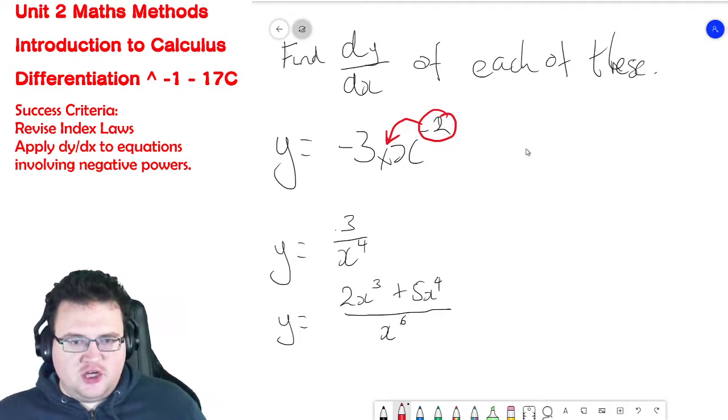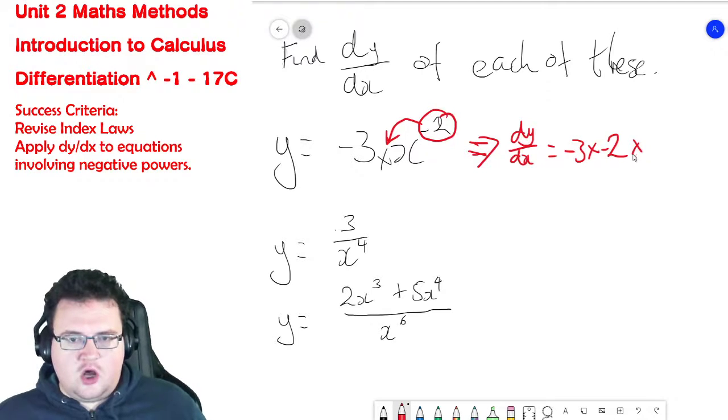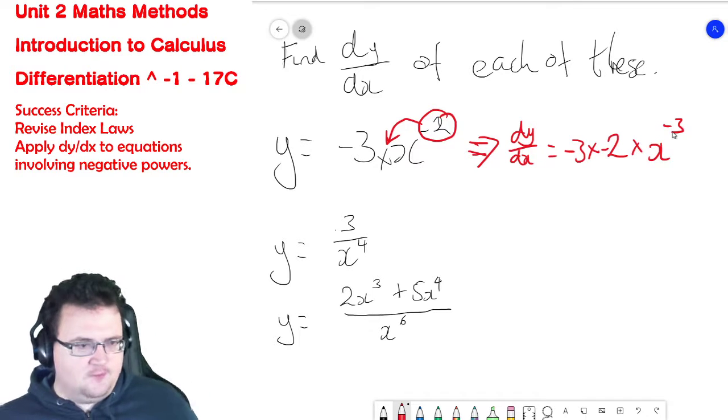So my new equation will start off dy dx will be equal to -3 times -2 times x to the -2 minus 1. So that's actually going to be -3.